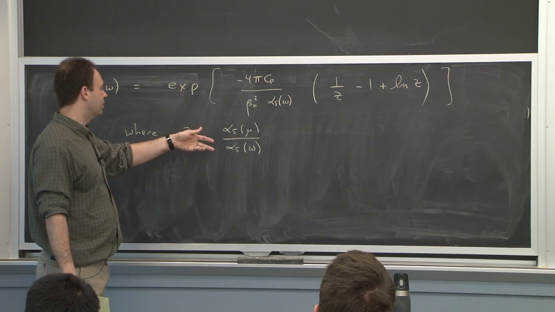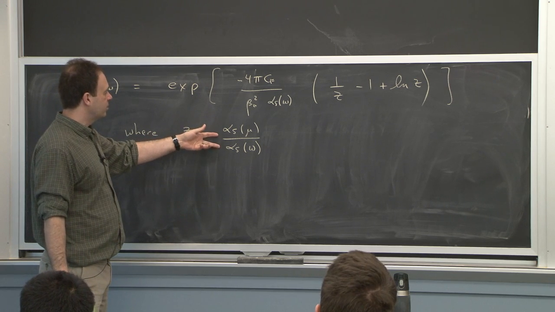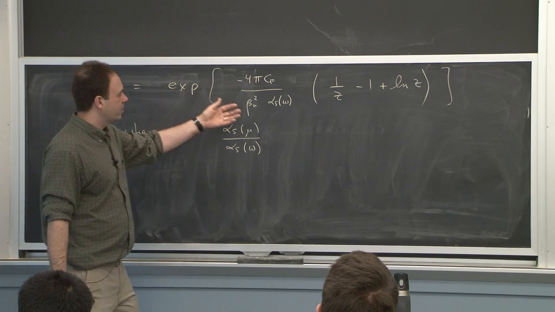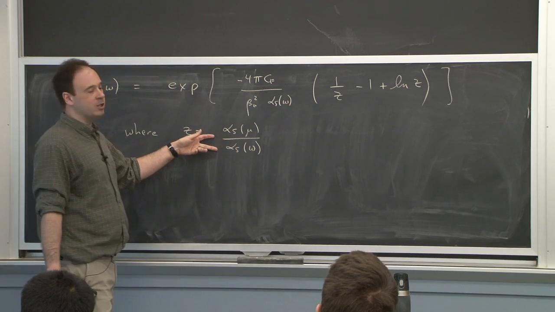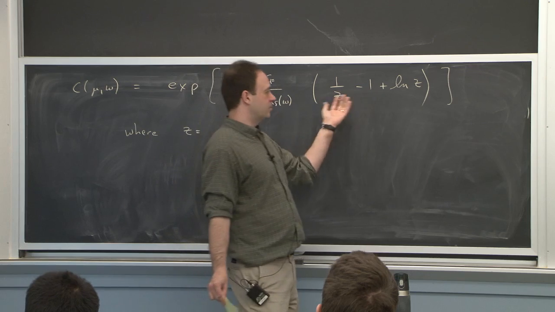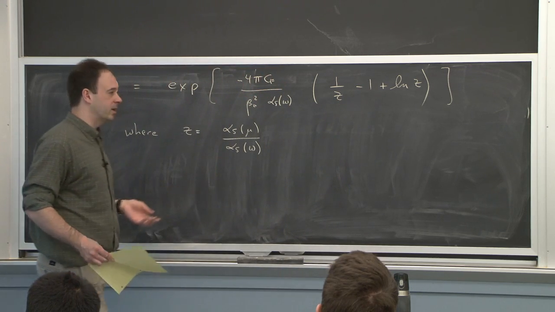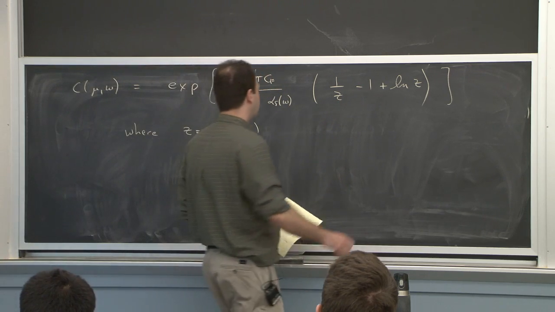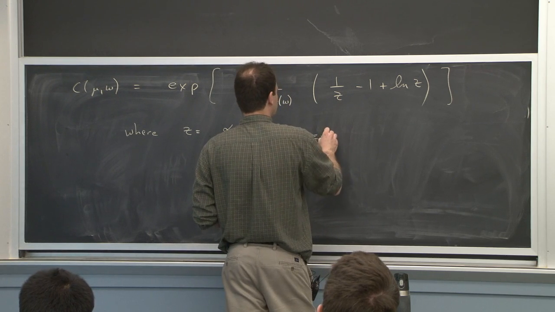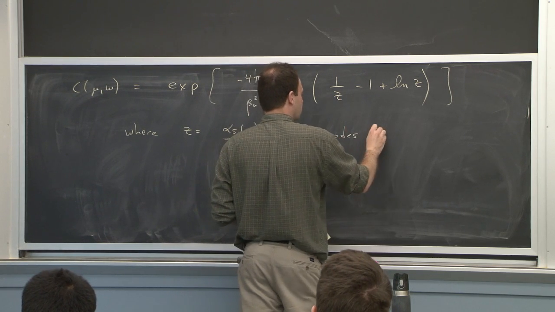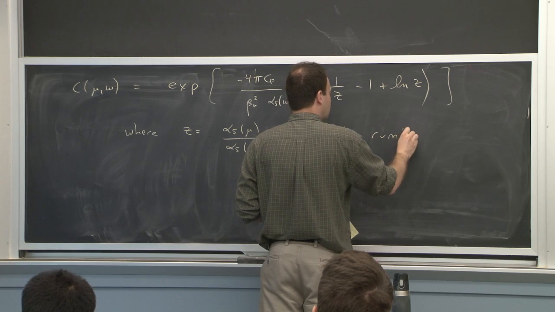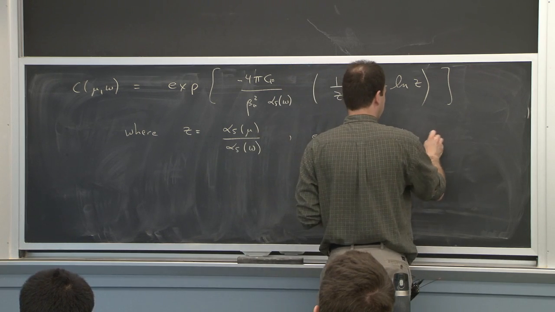We saw that when we were running four-fermion operators. Here it's just a more complicated function, but it's again a function of that ratio. And this extra structure is coming about just from the running coupling. So the only difference between this and the QED Sudakov is the running coupling.